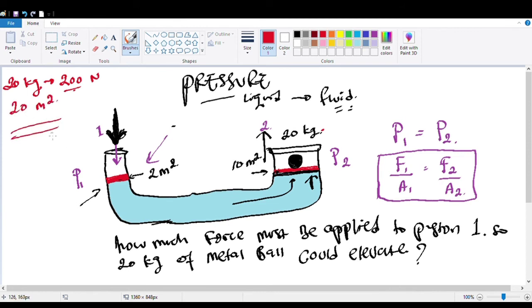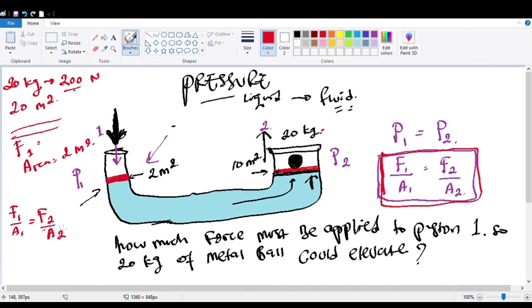In area 1, the force is the thing that we are going to find, while the area is 2 meters square. So you may substitute into this formula: F1 over A1 equals F2 over A2. We don't know F1, A1 is 2 meters square, and F2 is 200 Newton.